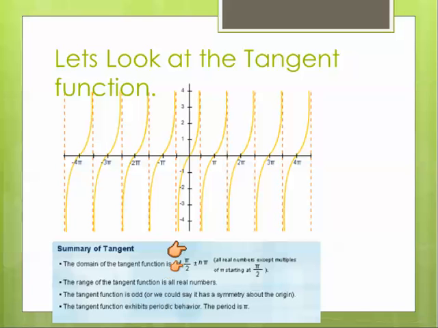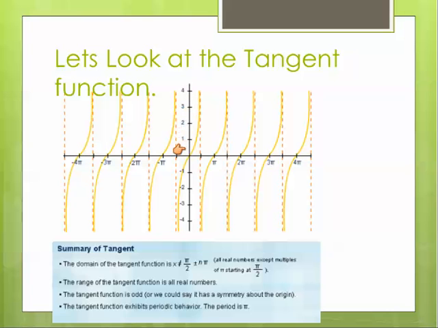So the range on this one actually goes from negative infinity all the way up to infinity. So it's all real numbers in this situation. They get encompassed in the tangent. The tangent function is an odd function. Why? Because once again, I can't go straight across the y-axis to get to the values.